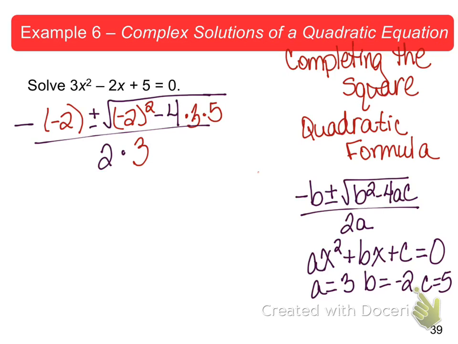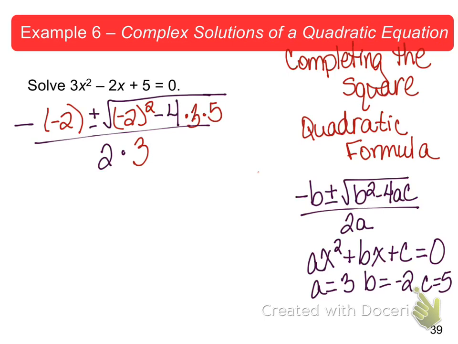Okay? So the negative 2 is my b value. The negatives throw students off. This right here is where it throws them off the most. That negative right there. What is negative 2 squared? Positive 4. If you make a mistake, it's right there.